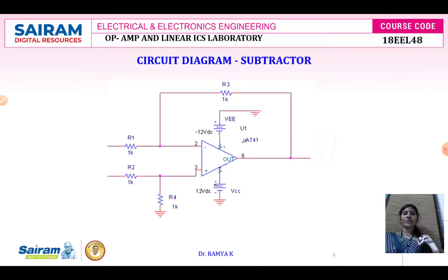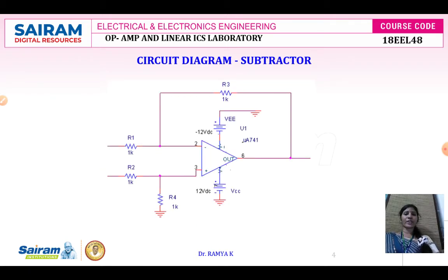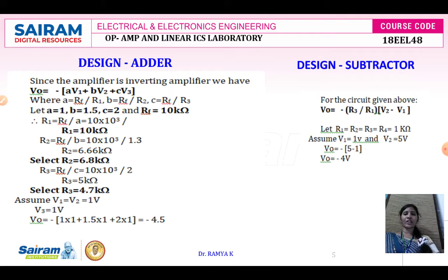For example, in the adder circuit shown here, the gain with respect to V1 will be minus RF divided by R1, and with respect to V2 minus RF divided by R2. Likewise, you can connect n number of resistances at the input. The values of R1, R2, R3 are found to be 10K, 6.8K and 4.7K. From these values, if we calculate the output voltage, we obtain minus 4.5.